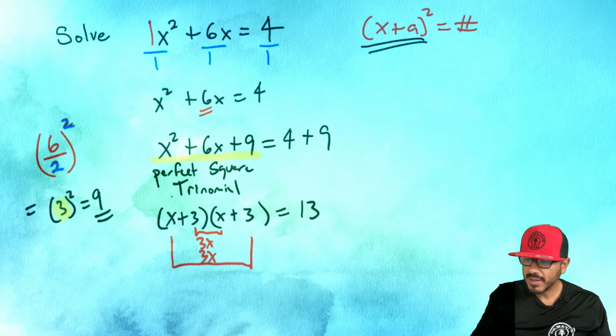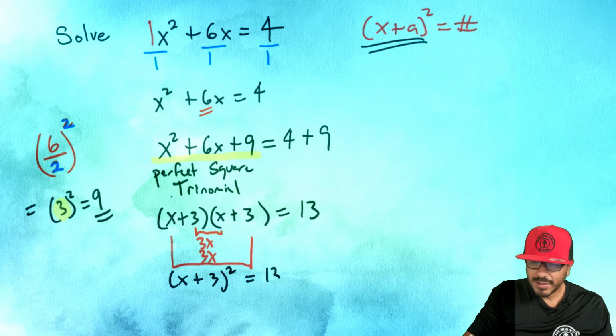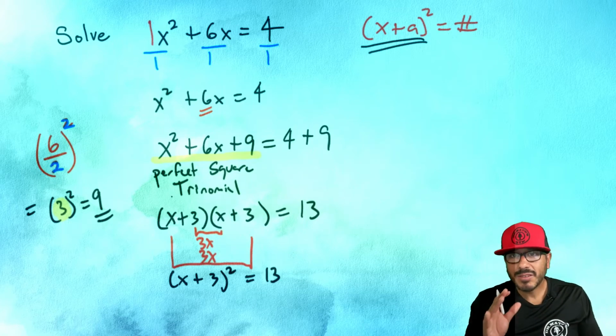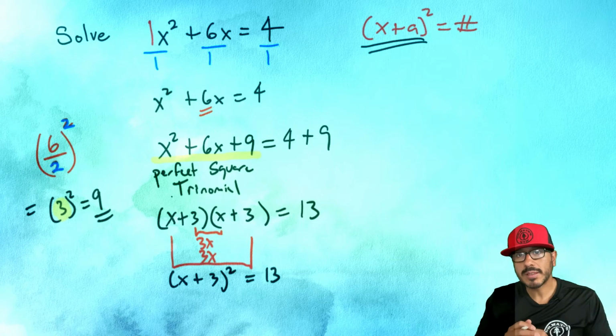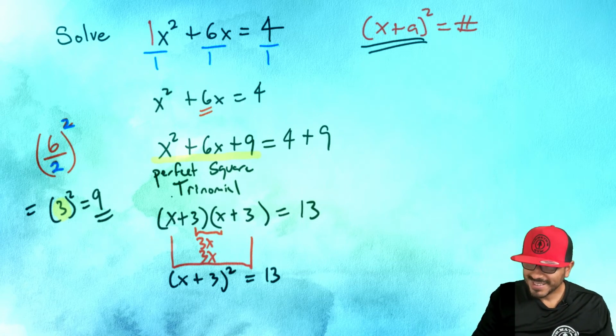All right, notice how many x plus 3's do I have? Well, we have 2 of them. So I'm going to rewrite this as x plus 3 squared equaling 13. And here's the shortcut, and it always works, even on Sunday. So the shortcut is this right here.